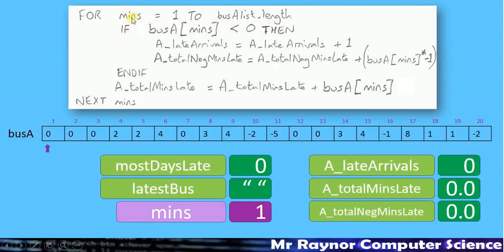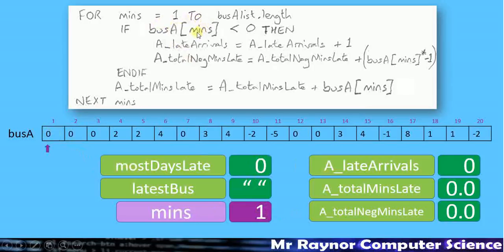I called my variable mins because it's minutes that are stored in the array. So if bus A mins, so first time round that would be 1, is less than 0. So what that means is we have a look in this first index, and again you can see the updates to the variables down here. Mins is 1, so we're looking at that 0 there.